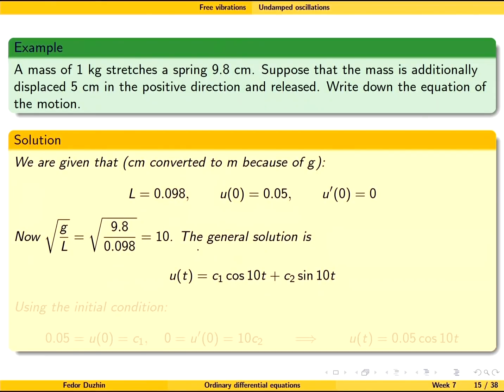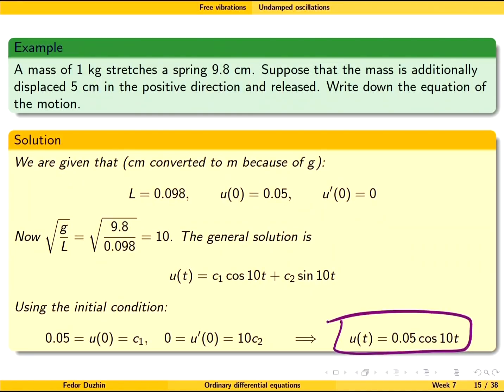Then we have computed the square root of g over L, and this is the general solution. Now, using the initial conditions, we can solve for the constants. What we see is that one of the constants is just 0, and the other one can be deduced. So the answer is this.